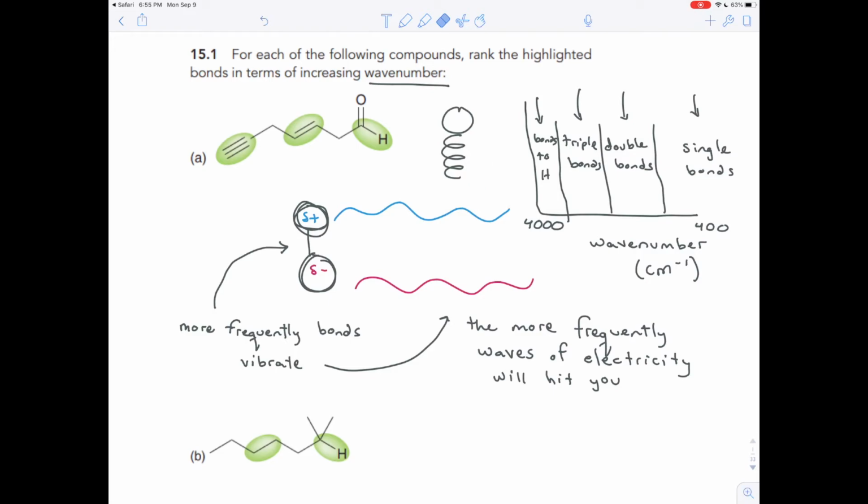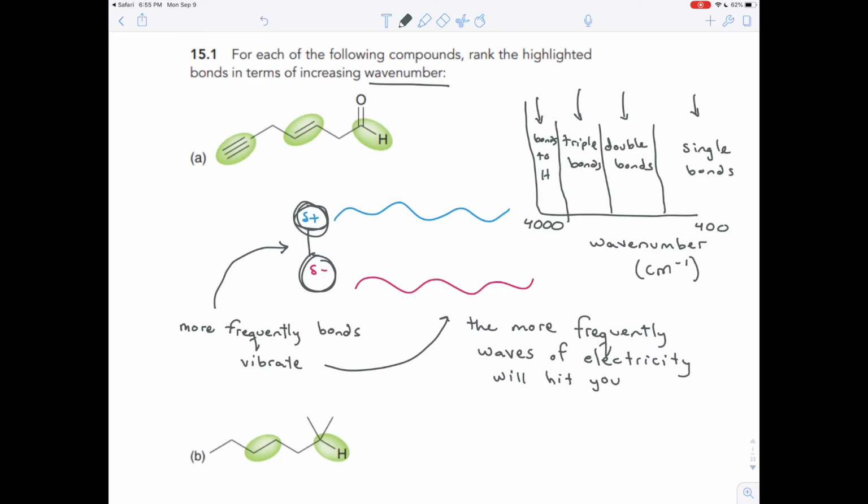On the other hand, if you put a really light weight there, it'll be easy for the spring to pull the weight back up, and so the spring will bounce more quickly. Because hydrogen is the lightest atom on the periodic table, the bonds to hydrogen vibrate very, very quickly. And because they vibrate very quickly, they create very frequent waves.